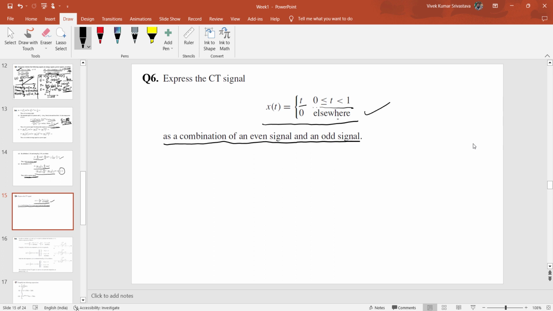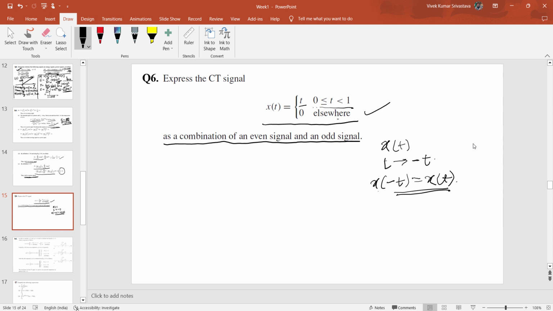First of all, let us see what an even signal is and what an odd signal is. If a signal x of t is given to you, you put the argument t as minus t. If you put t as minus t in the signal x of t and you get the same signal, such a signal is known as an even signal, because it contains symmetry.